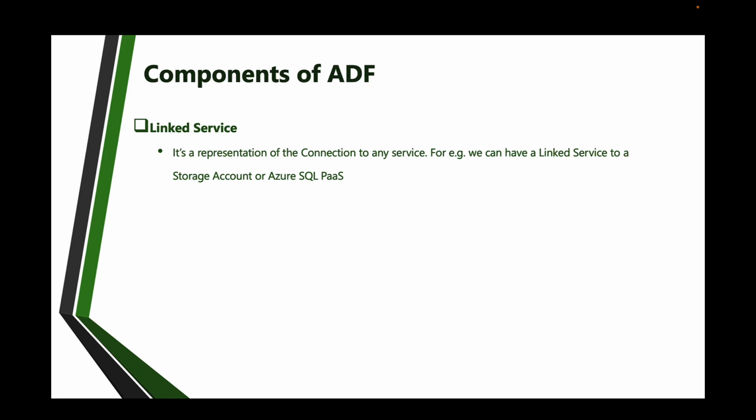For example, we can have a linked service to a storage account or Azure SQL PaaS service or anything. It means a linked service is a connection that connects to any of the services, whether within Azure or a third-party service. So that's one of the major components you need to remember.